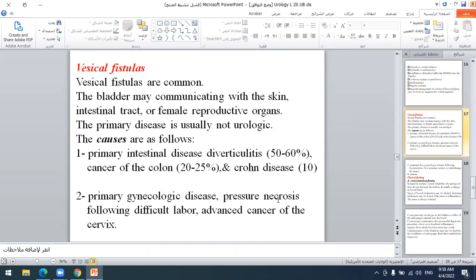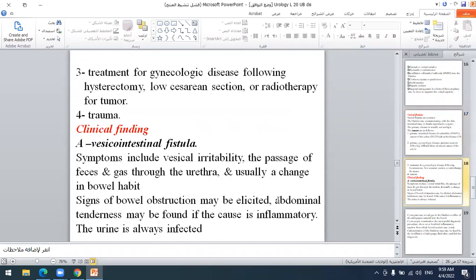Primary gynecological disease: pressure necrosis following difficult labor, advanced cancer of the cervix. Treatment for gynecological disease: following hysterectomy, cesarean section, or radiotherapy for tumor, and also trauma. So these are the causes of the fistula.